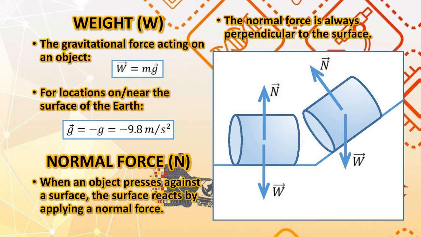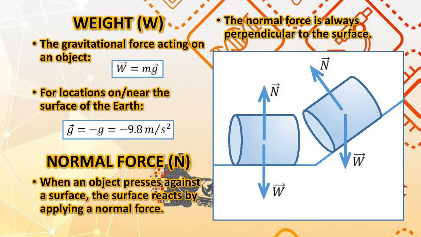Using our equation from Newton's second law of motion, F is equal to ma, the weight of an object is equal to mg, where g is the acceleration due to gravity. For locations on or near the surface of the Earth, the acceleration due to gravity is negative g, or negative 9.8 meters per second squared.